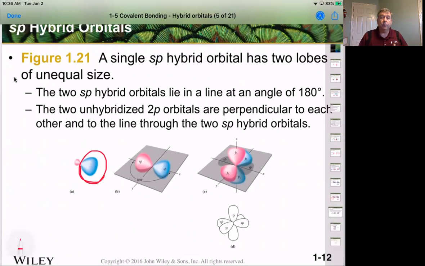So it's a very large orbital, so that when we have those together, they are 180 degrees apart, okay? So when we bond 2 sp hybridized atoms together, they're going to be 180 degrees apart, and then the next bond is going to be over here.